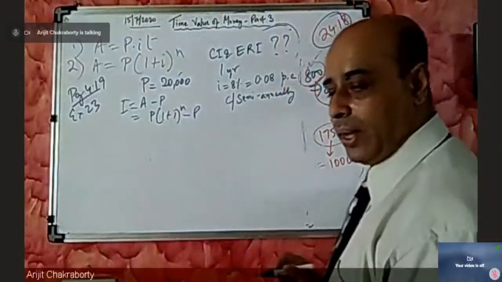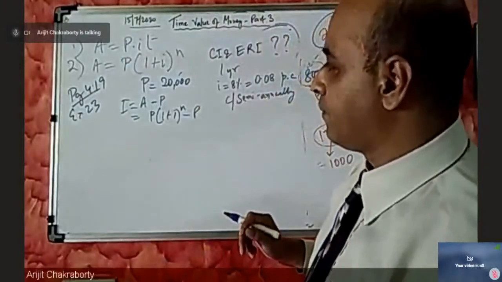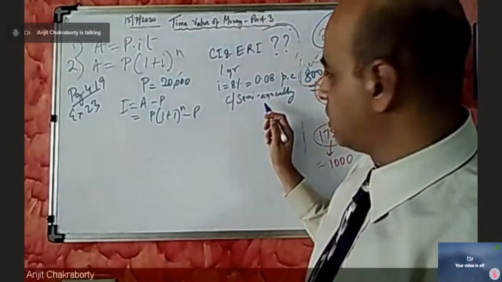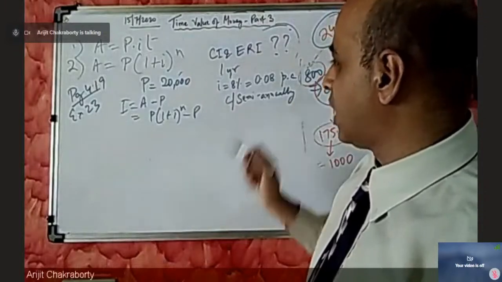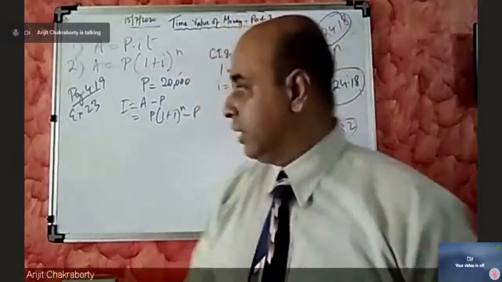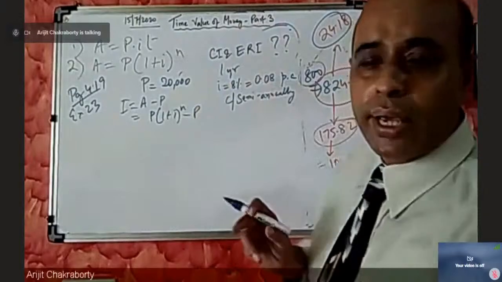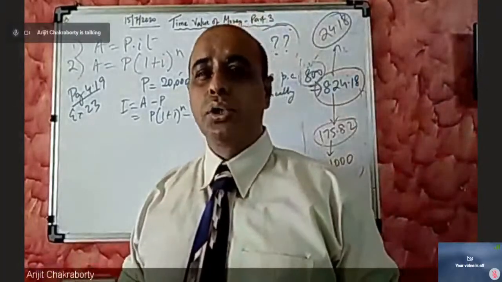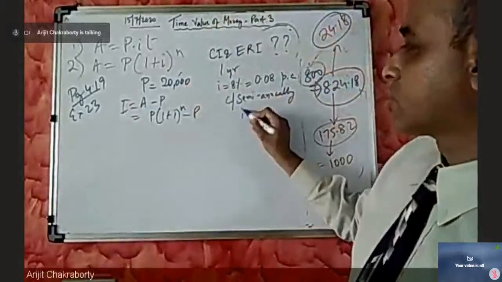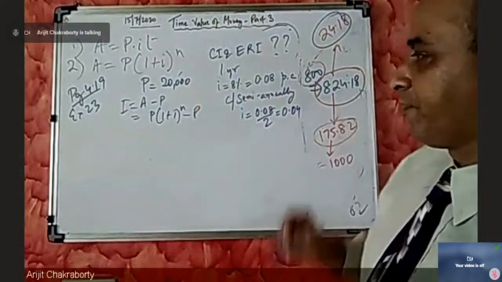Now, the interest rate is 8%, that is 0.08 for 1 year. So for semi-annual, that is for 6 months, the interest will be 0.08 by 2, that is 0.04.